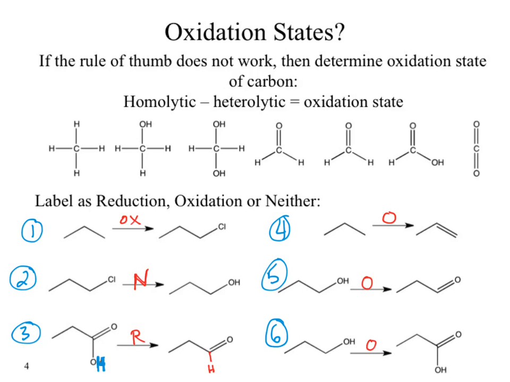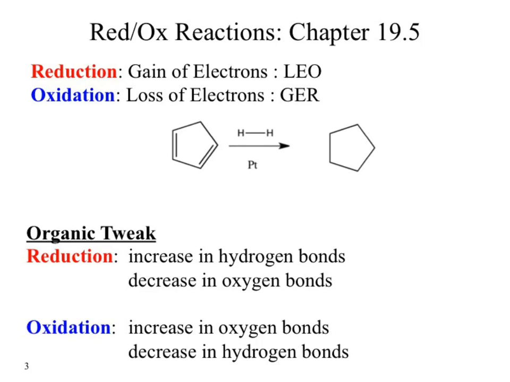Okay, go ahead. Can you repeat what you said about number 2 in terms of the more electronegative? When looking at the definitions here, instead of saying decrease in oxygen bonds for reduction, change oxygen to more electronegative. More electronegative than what? Than carbon.